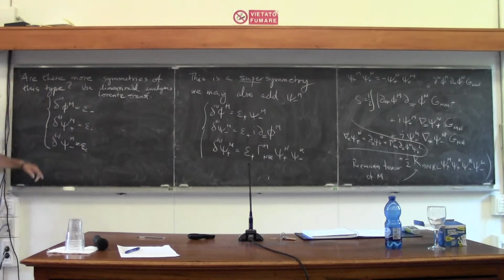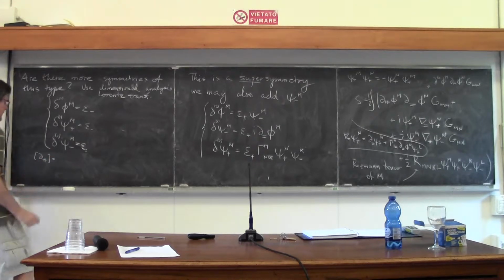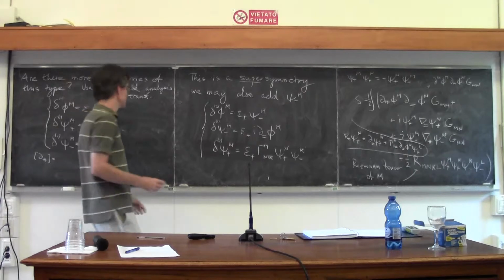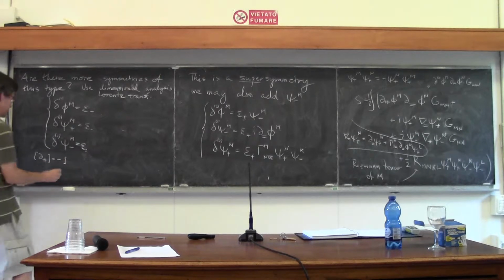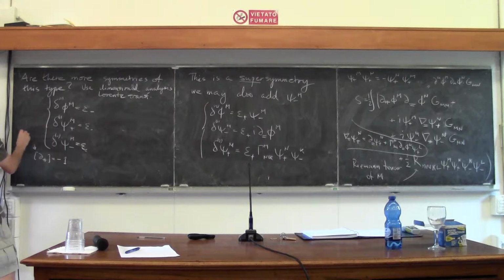So the dimension of, let's say, a derivative, well, it's 1 over a coordinate, so if you use length dimensions, this has dimension -1. So this bracket means dimension.